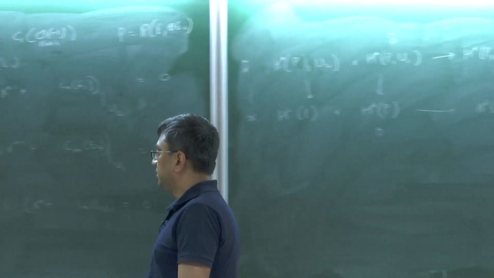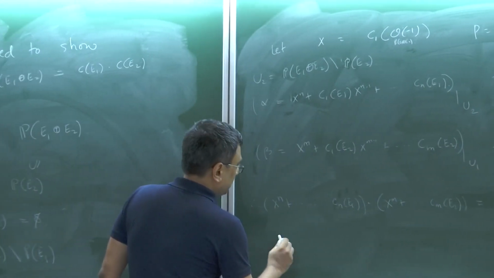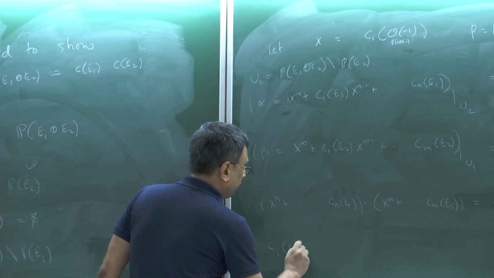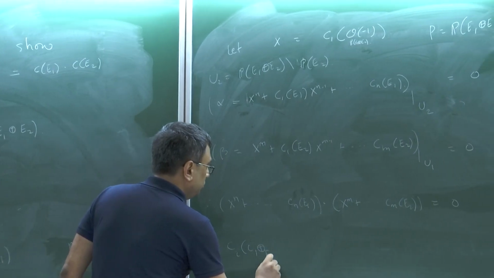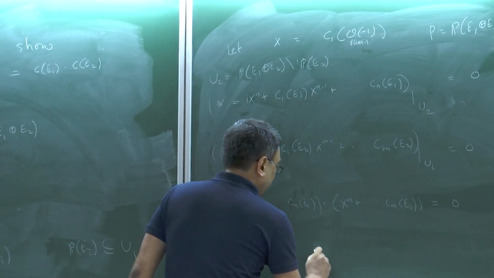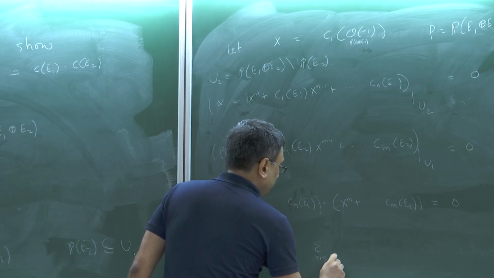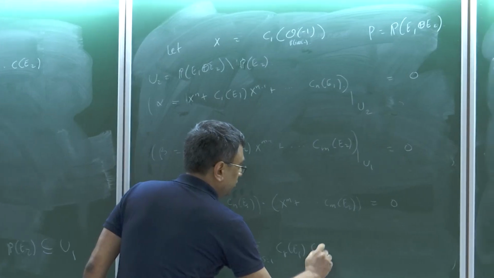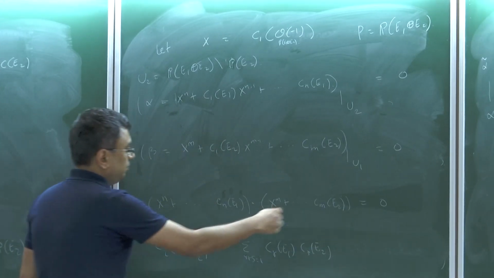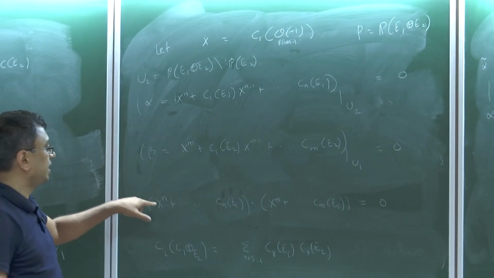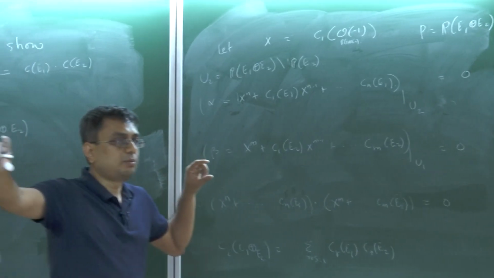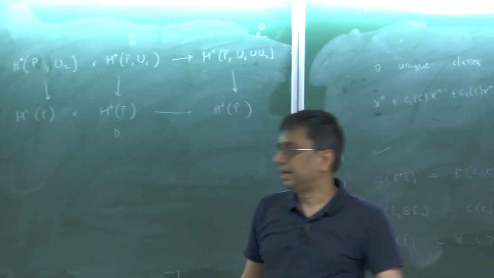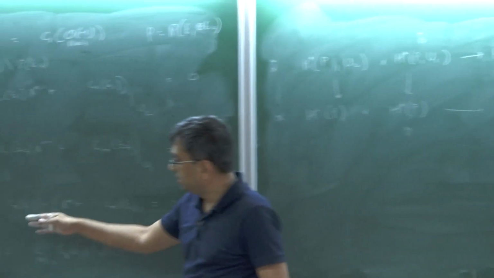This gives me the relation that the ith Chern class of E1 direct sum E2 is equal to the summation over r plus s equal to i of c_r of E1 times c_s of E2. Because once I have an expression which says x to the power n plus 1 is a linear combination of lower powers of x, that is the defining relation for Chern classes.